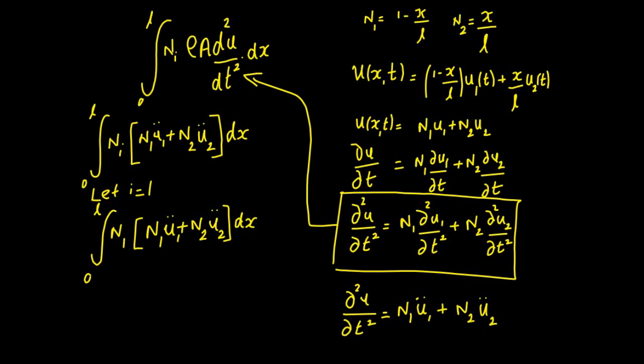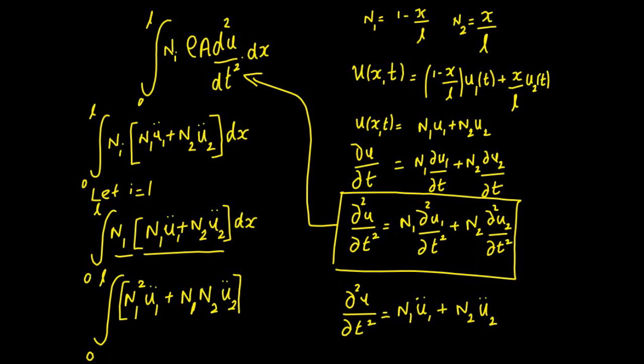So in the next step, I'm going to multiply this equation by N1. So what I get is the integral over the limits 0 to L of N1 squared into u1 double dot plus N1 into N2 into u2 double dot, into dx.